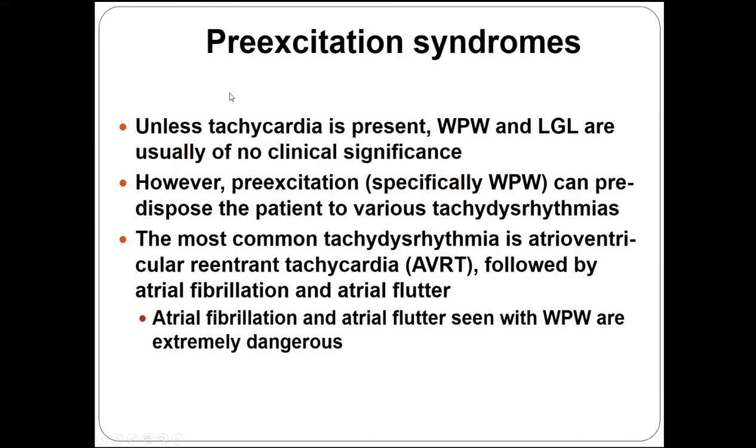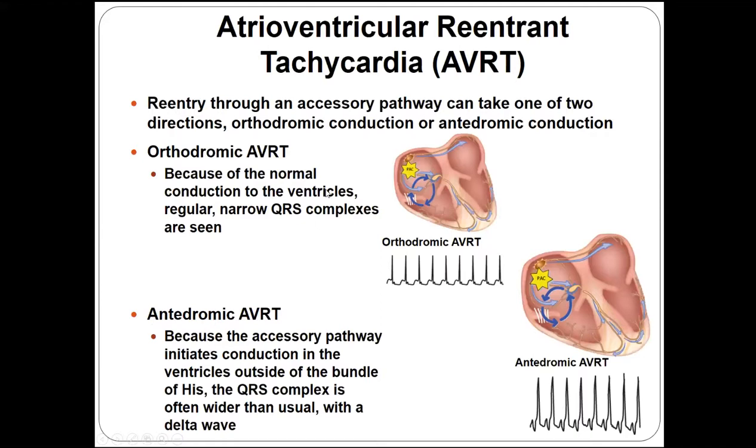Okay. Now, because we have two parallel pathways, there's a chance that we have a re-entry cycle, because the two parallel pathways have different refractory periods or different velocity. Now, there are two possibilities. One possibility is when the ventricle is activated through the normal conducting system and the bundle of Kent picks up the charge again. This is one circle of the re-entry.